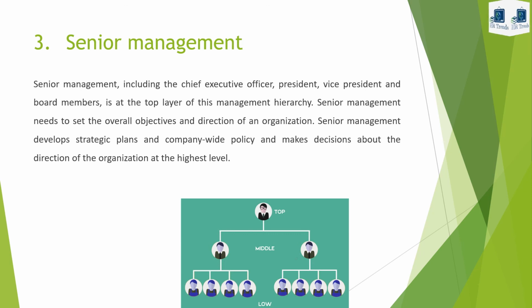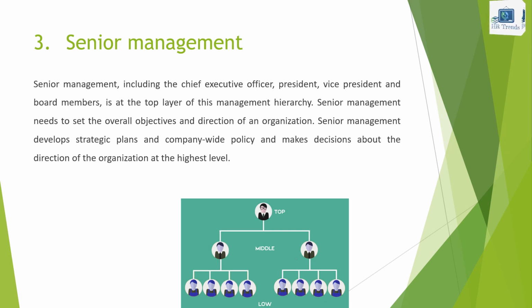Senior management. Senior management, including the Chief Executive Officer, President, Vice President, and board members, is at the top layer of this management hierarchy. Senior management needs to set the overall objectives and direction of an organization.